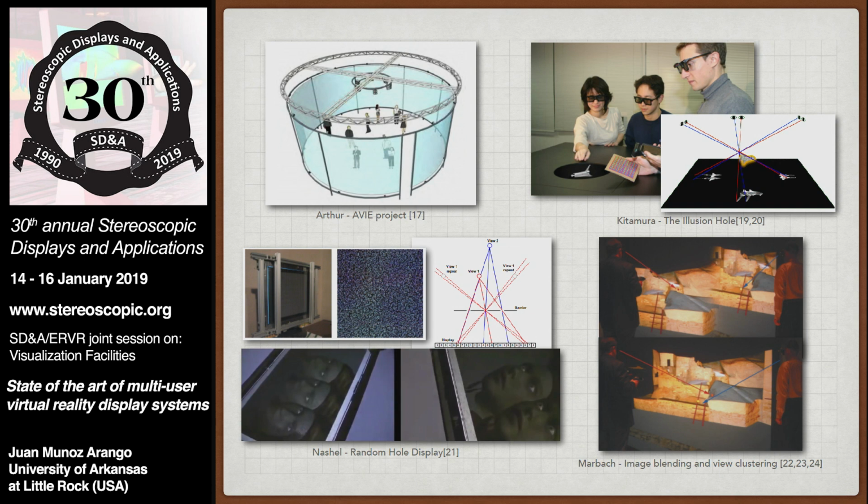The Illusion Hole, which is a normal display, and they have a mask where different viewers can see different parts of the screen, and the object is generated here. The Rollable Hole display uses the same principle. They use a mask with a Poisson disk distribution, and with this, they can separate users.